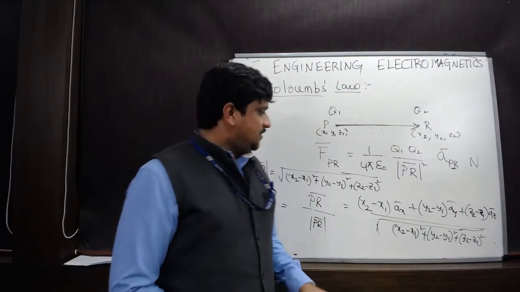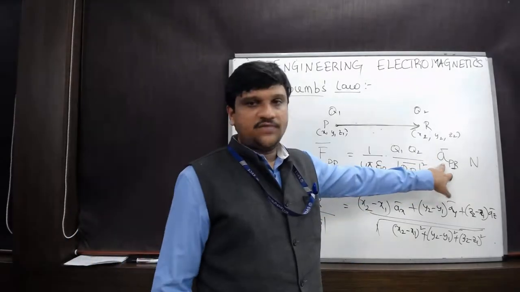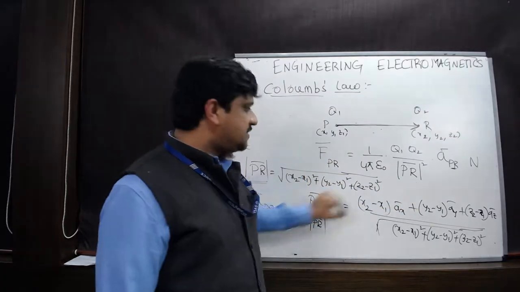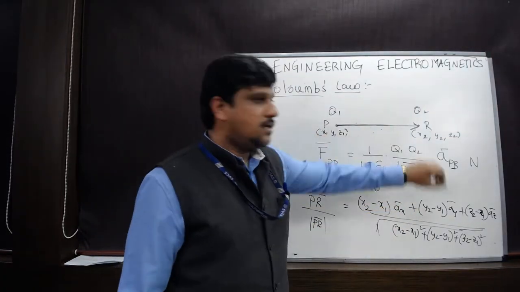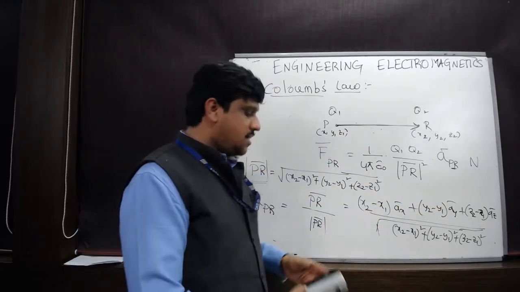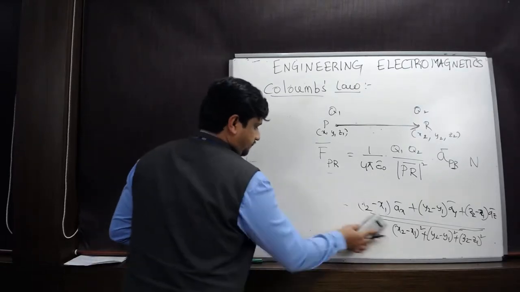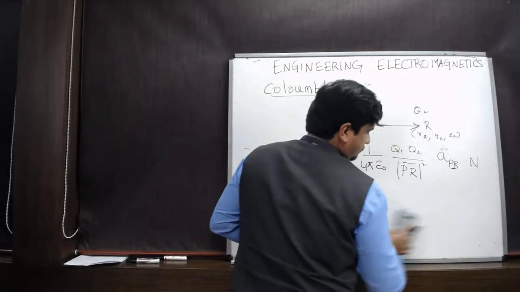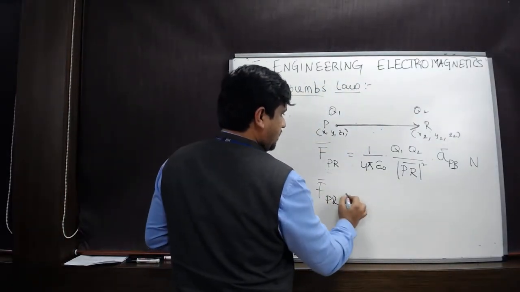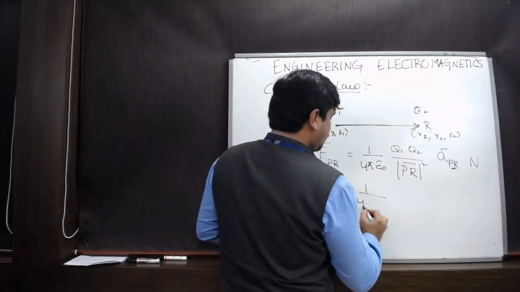Now, these are the different values we got for the unit vector and the distance. If we apply these particular formulas in this equation, the equation will be modified further. For example, I want to change the force equation. This will remain as it is, 4 pi epsilon naught.